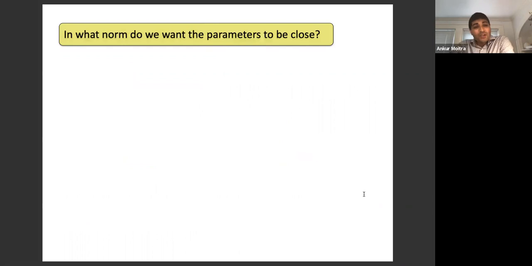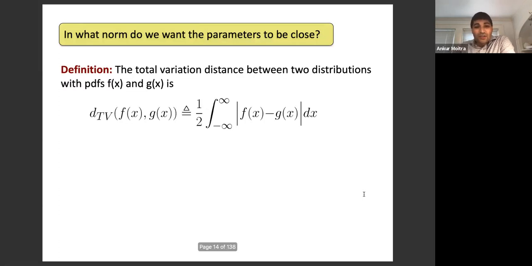Now the remaining question is, we have our model for noise, but what makes an estimator good? In what norm do we want our parameter estimates to be close to the truth? The natural thing to do is to use basically the same distance that we started off with, where we allowed the adversary to make corruptions. So you can talk about the total variation distance between two distributions.